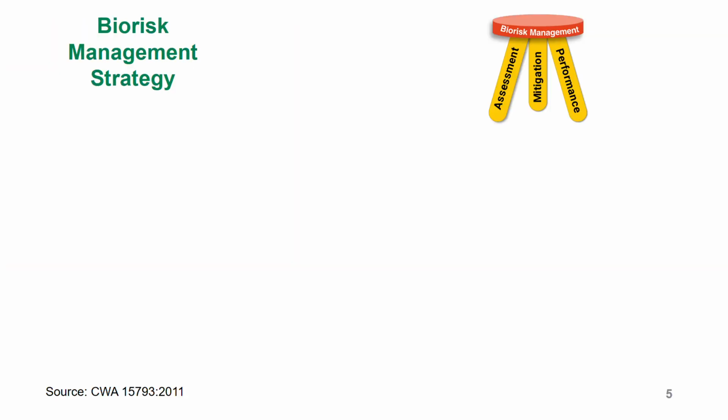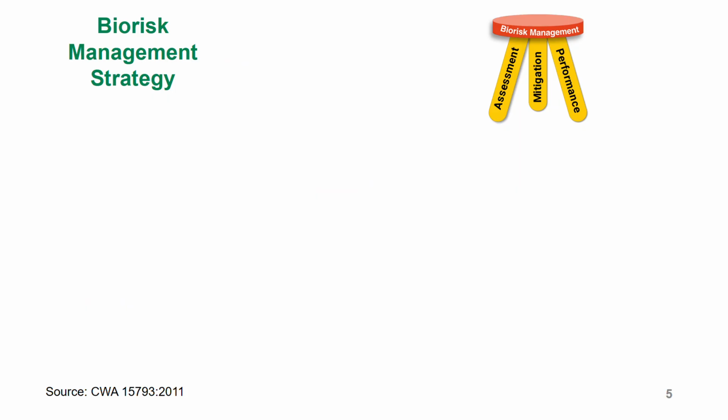So let's look at the biorisk management strategy. The strategy that we will talk about was adopted from the CWA 15793:2011. It describes biorisk management as a three-legged stool, where biorisk management sits on top, and one of the three legs is assessment.